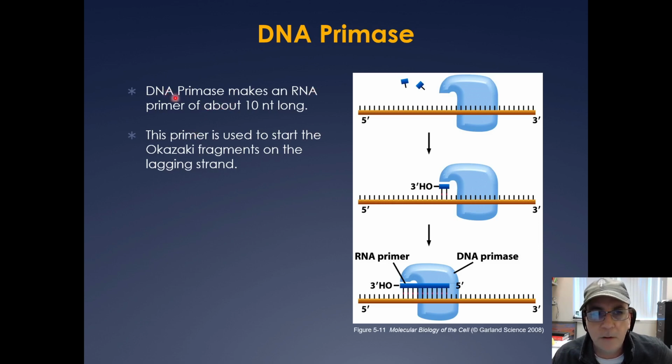But in the cell we have this enzyme called DNA primase, and it makes an RNA primer of about 10 nucleotides long. This primer is used not only to start the leading strand, but also to start the lagging strands, or the Okazaki fragments. DNA primase comes in and creates this RNA primer in the 5' to 3' direction.